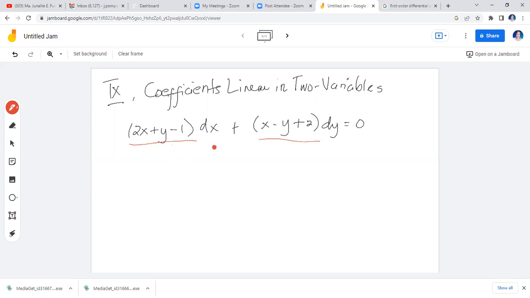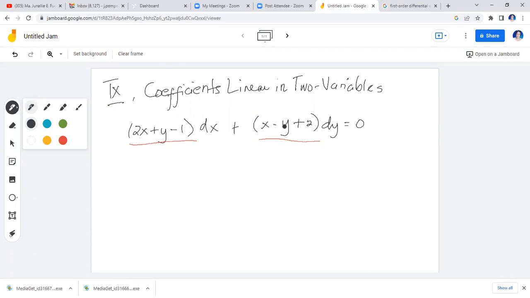Now let's see how we're going to solve. We're going to find the solution of this first order differential equation, which is said to have coefficients linear in two variables. What you're going to do first, class, is to determine the coordinates of the point of intersection of these lines represented in the coefficients of your differential equation.